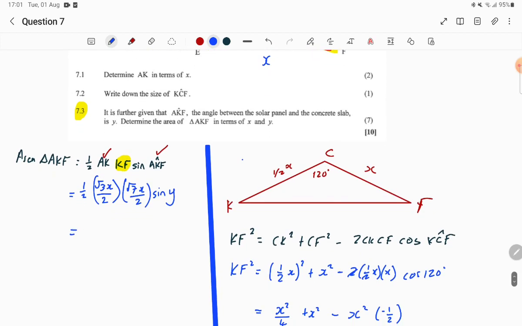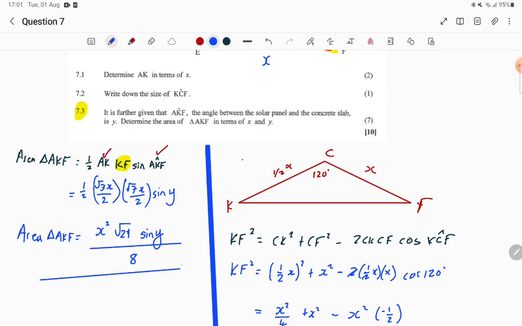If we simplify this, we get x squared at the top. Root 3 times root 7 is root 21, you just put them under one root and multiply them together. Sine y, and 2 times 2 times 2 at the bottom, which is 8. So that's x squared root 21 sine y over 8, and this is our area of triangle AKF. For 7 marks.